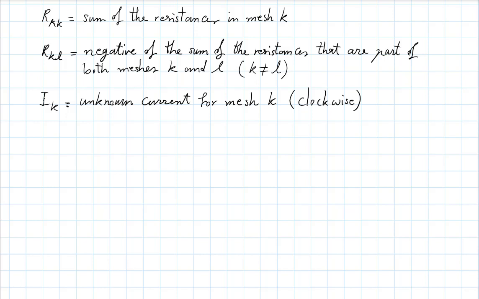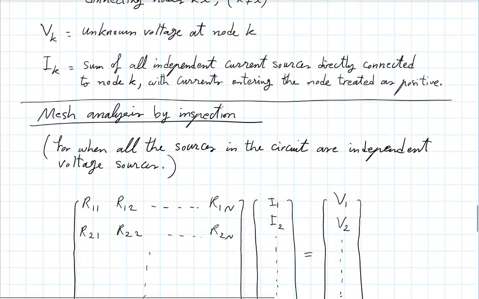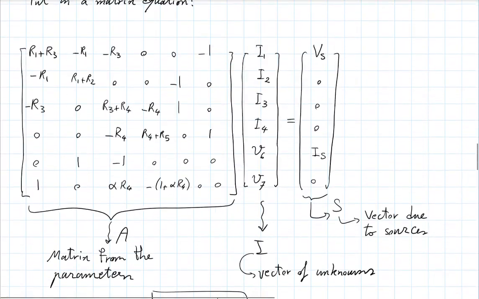For this recipe to be consistent, you have to define it clockwise, okay? Because then, just to have a full recipe, Vk is the sum of all the voltages that you have in mesh K. And in the example we did up here, you saw an example of that.